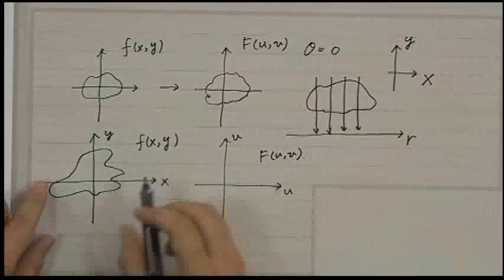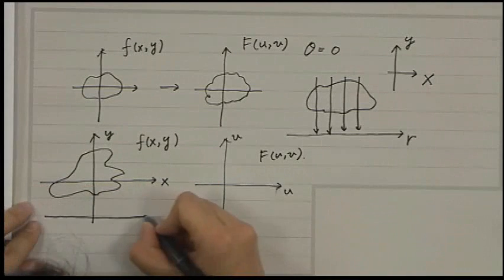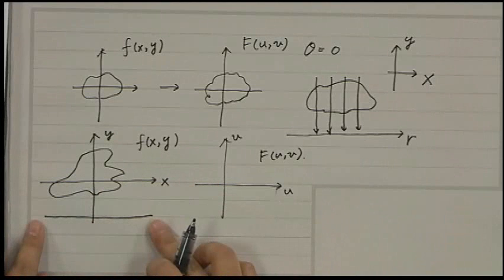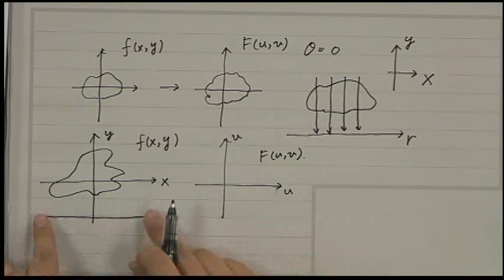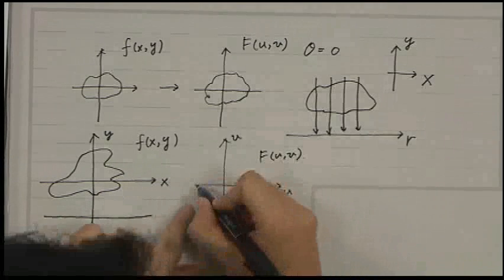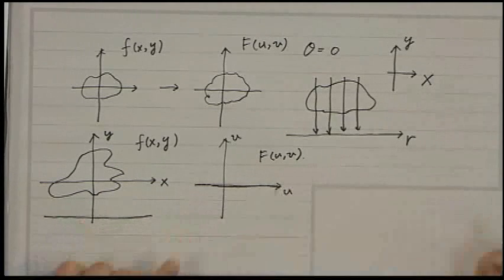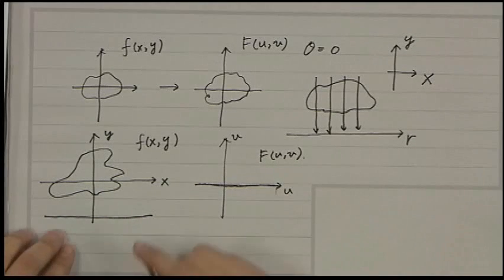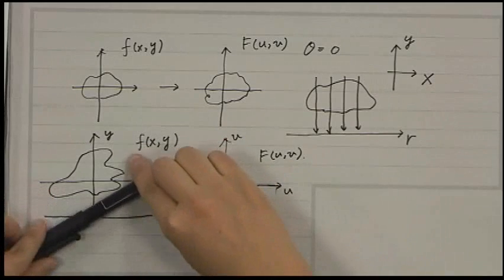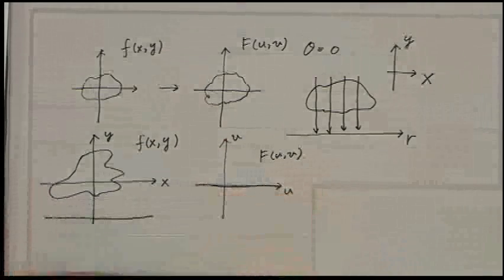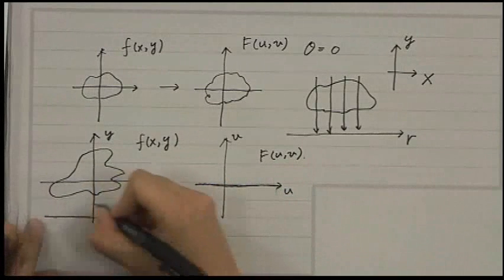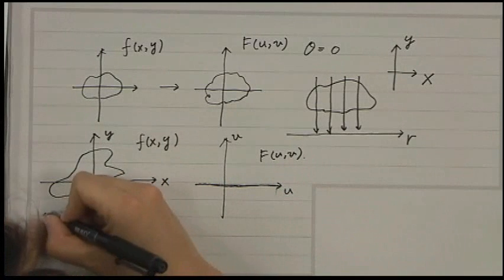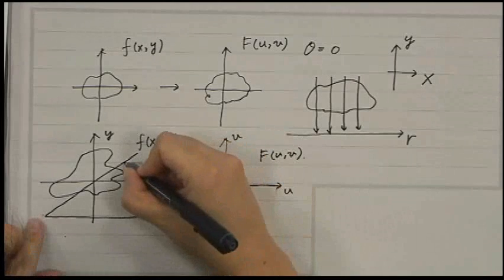And we already know if we take a projection onto this line and then take the Fourier transform, this value matches this line on F(u,v). And what I want to know is, what if we change the theta? For example, we want to take a projection onto, okay, this line, let's say phi.